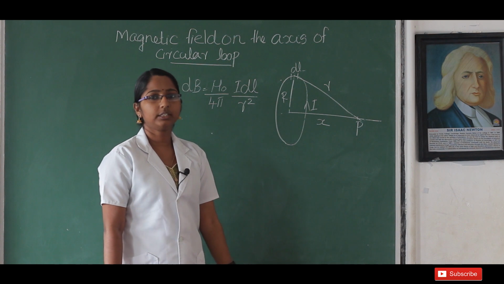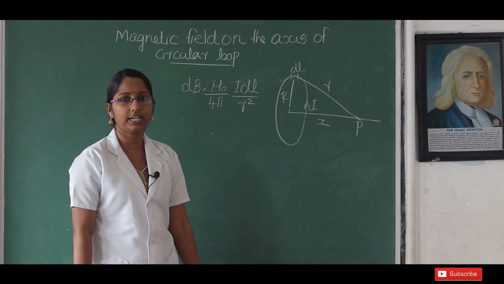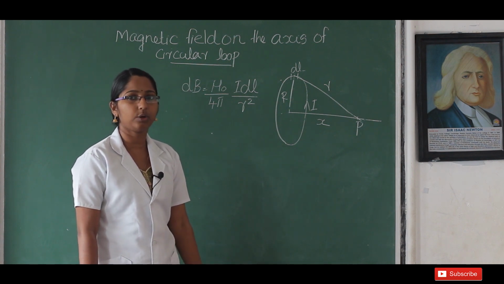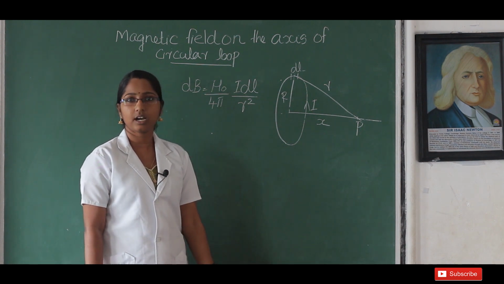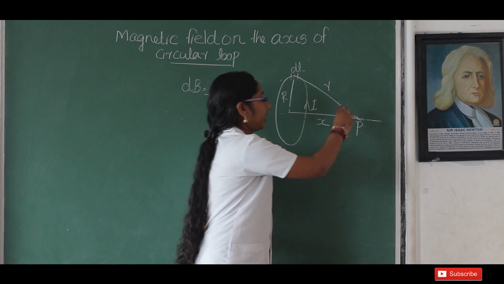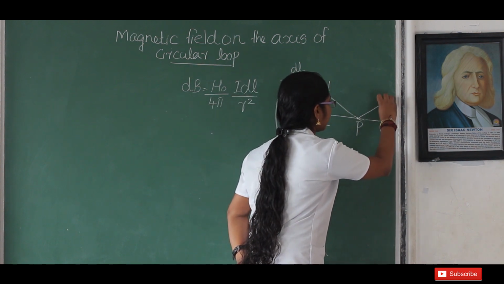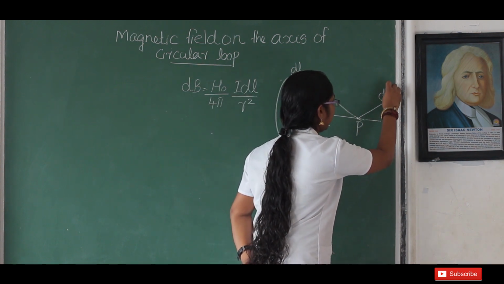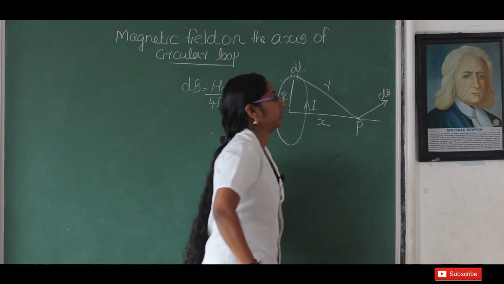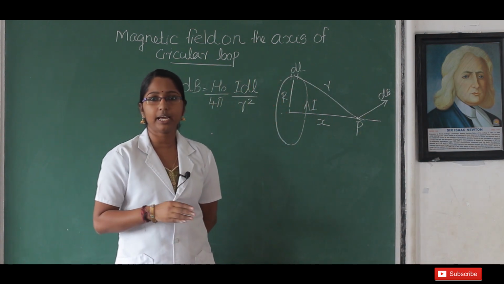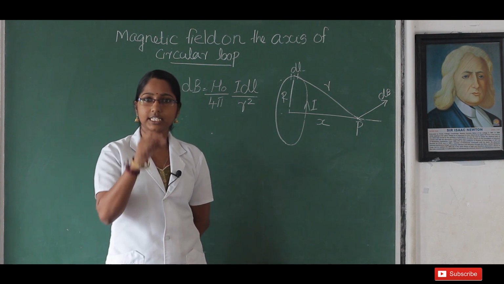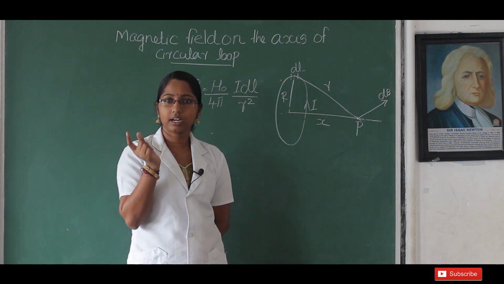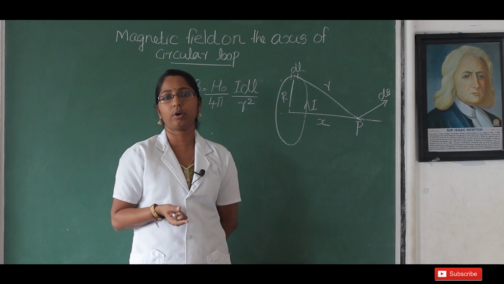And we know the direction of the magnetic field is perpendicular to the plane containing dl and r. So we can represent it as dB like this. And we have studied the resolution of vectors, isn't it? If there is a vector, we can make it into two components.